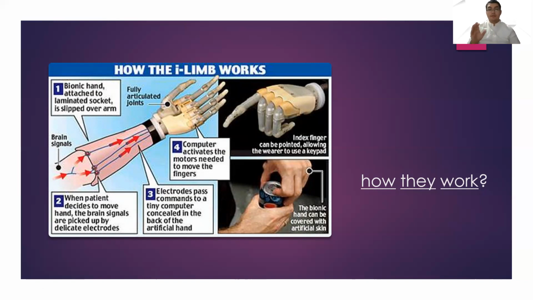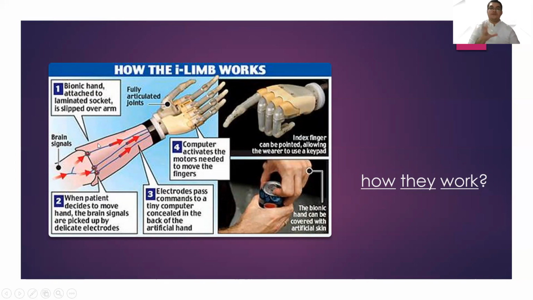So I explain with this photo. In my brain, I think that I need to open this Pepsi. So the brain sends brain signals to my left hand. So the brain signals go to the arm, sorry, to the 3 sockets in this place.